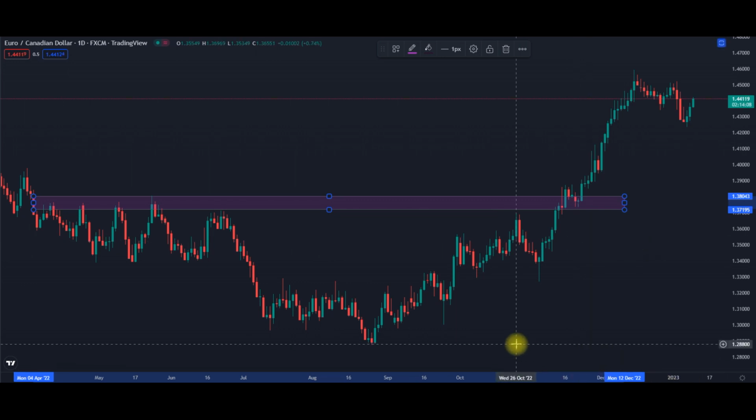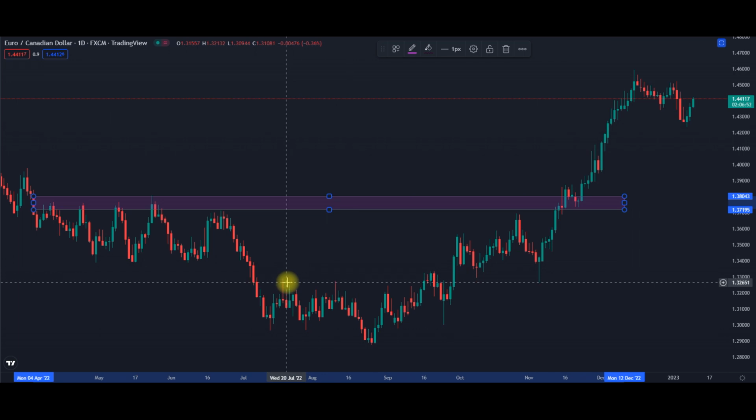As you can see, the resistance level was already respected multiple times. And at this point, the level of resistance was broken in the uptrend. So it's a likely area where the price could find support, meaning a high chance for us of the market going further up. That's what makes this resistance level a good second criteria.